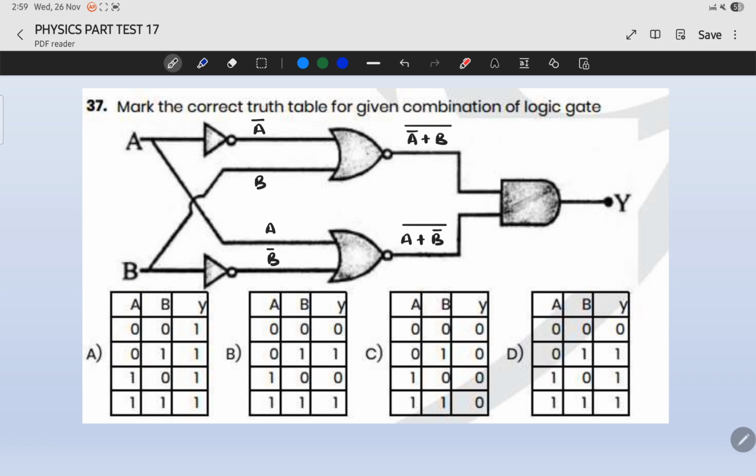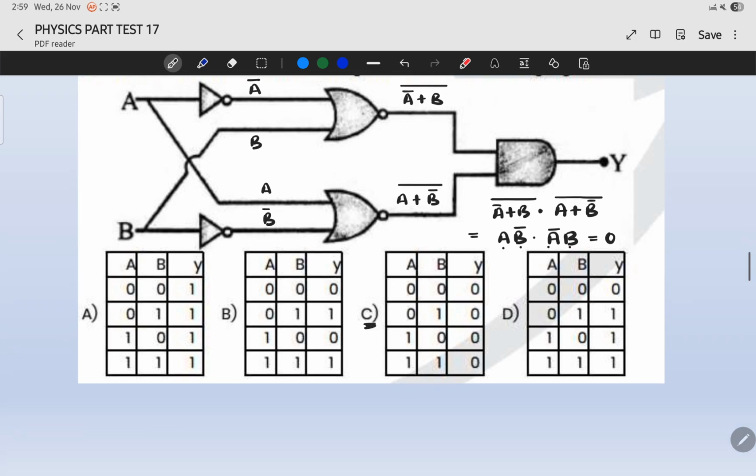This is also a NOR gate. So Y will be A bar plus B whole bar dot A plus B bar whole bar, which is an AND gate. If we apply De Morgan's law, we will get A B bar into A bar B. A into A bar is 0, B into B bar is 0. The answer is always 0. So always 0 means C.